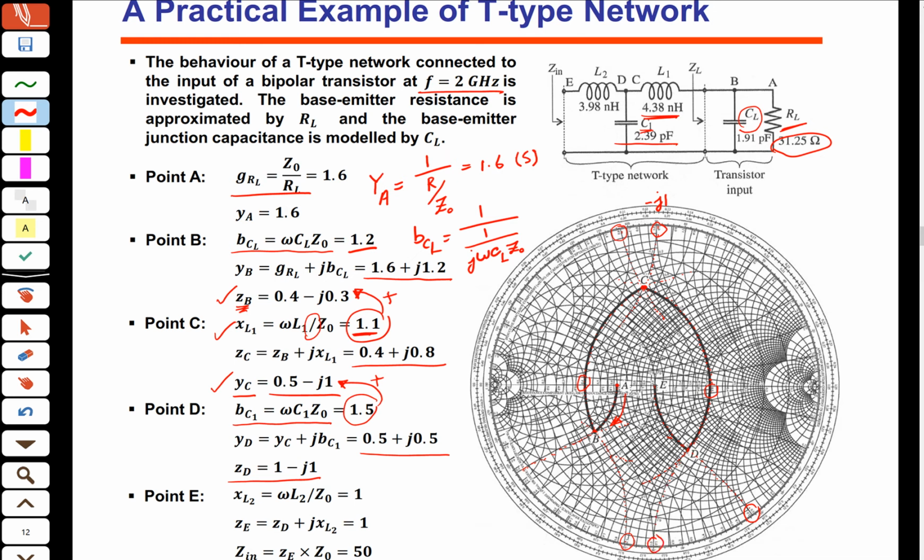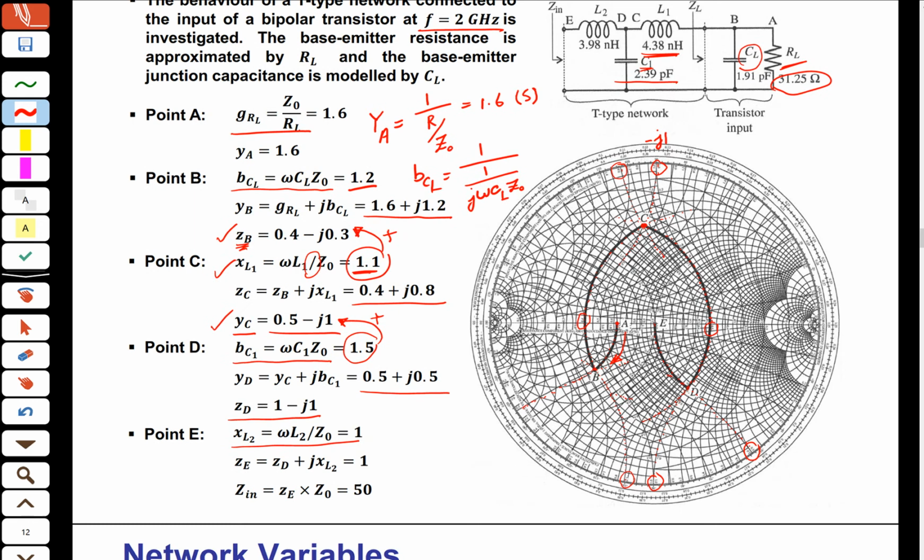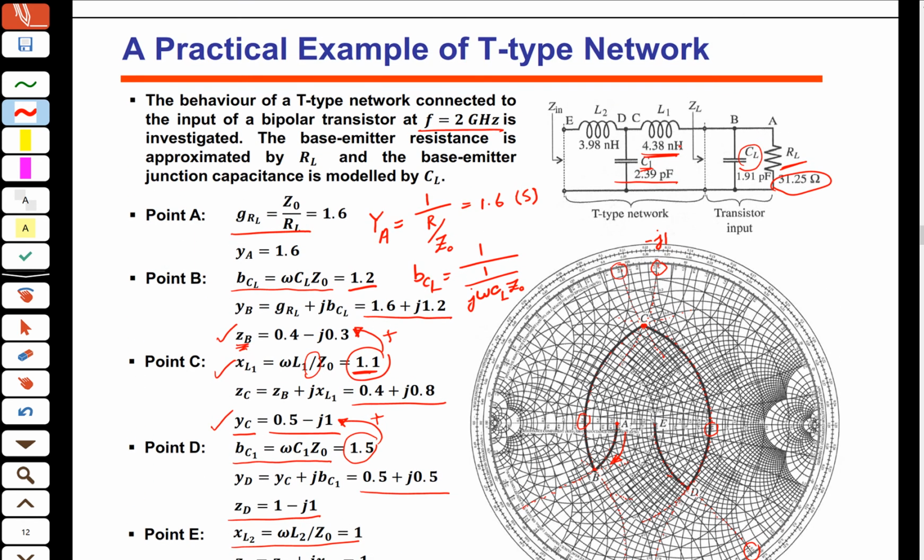And then you add the value of 1 and you see that the final value equals 1. And then we denormalize it and we see it's 50. So by adding some capacitors and inductors, we change the input impedance of the transistor to 50 ohm.